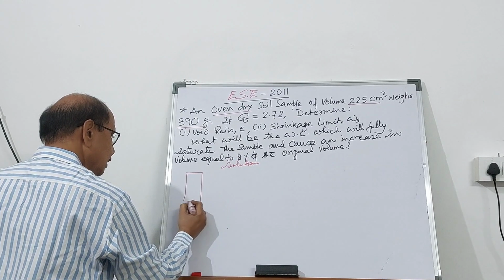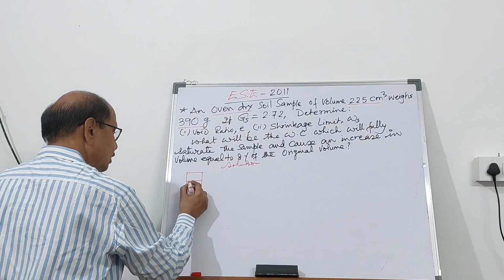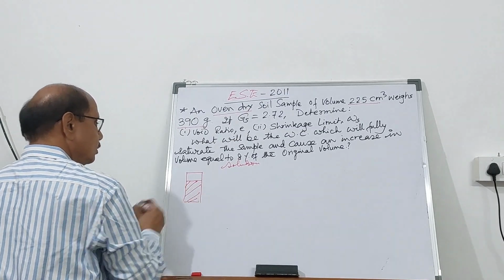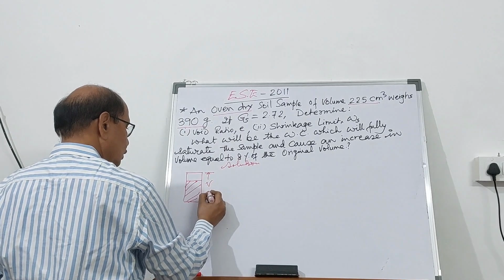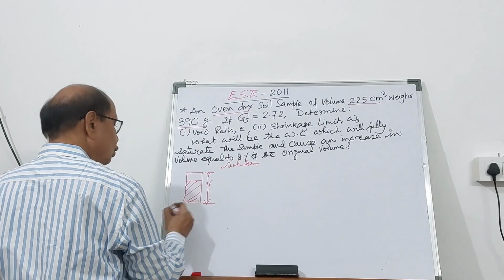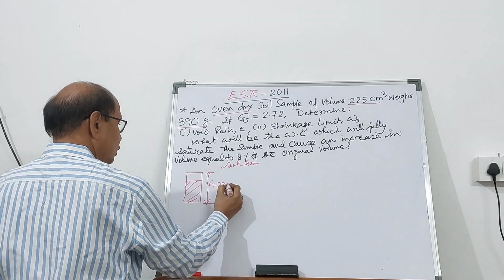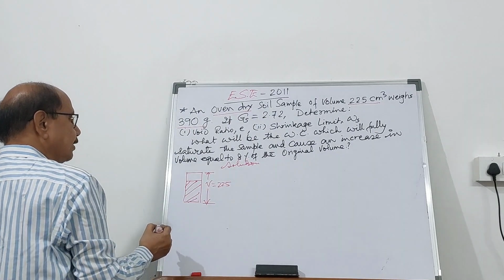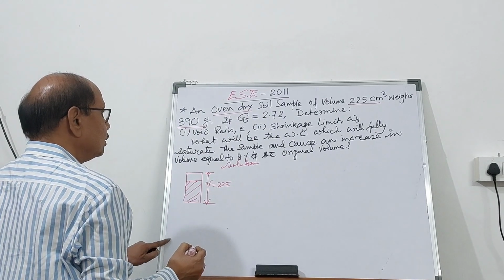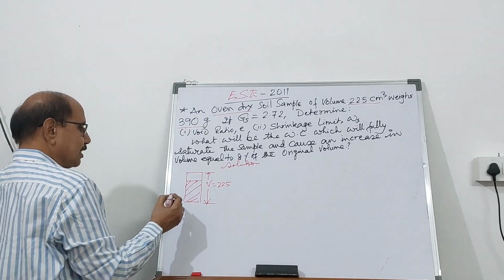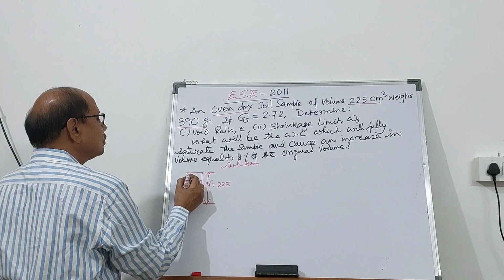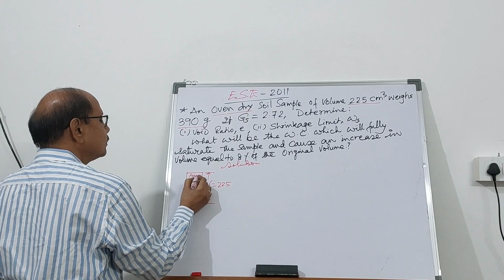We have a soil sample, and the total volume is known to us. And also the oven dry sample, that means there is no water.